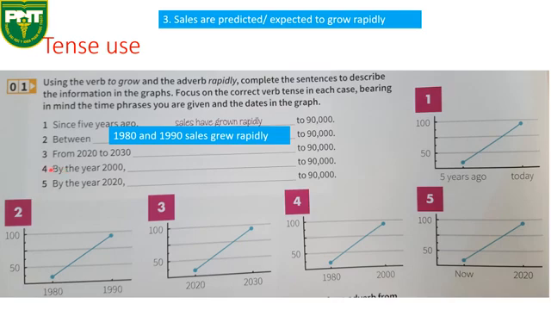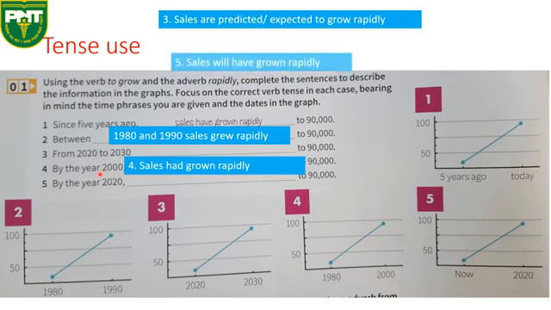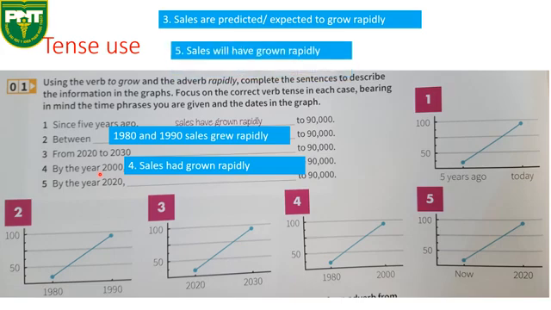By, with the phrase by the year, what tense should we use? Perfect tense, right? Until. And number 5, will have grown by the end of, because this refers to the future time. Now, that's the first note for line graph description, the tense used.